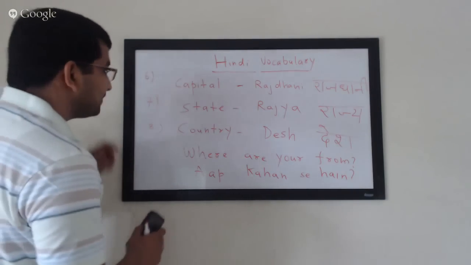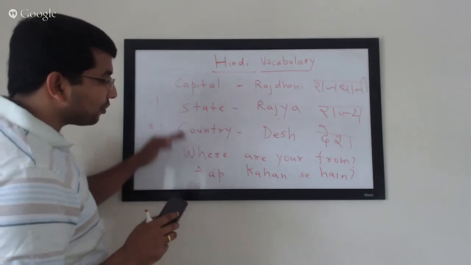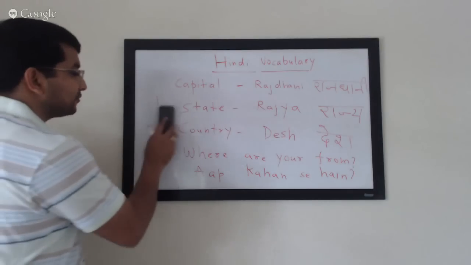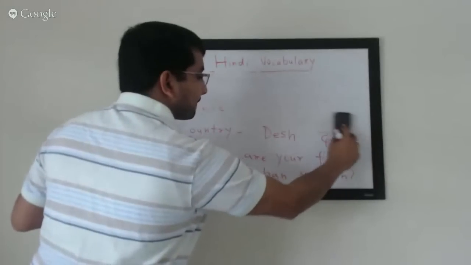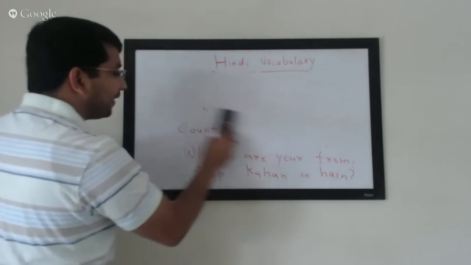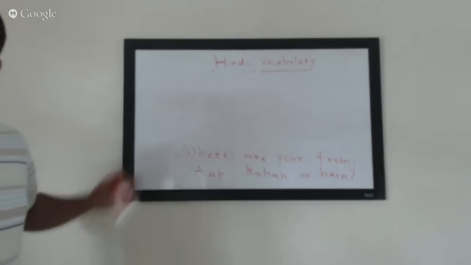I'll erase it, and it's very important because you'll get to use all the 8 keywords that we've learned so far. While I'm writing it down, here is a quiz for you. You can write your answer on the chat box. आप कहाँ से हैं?